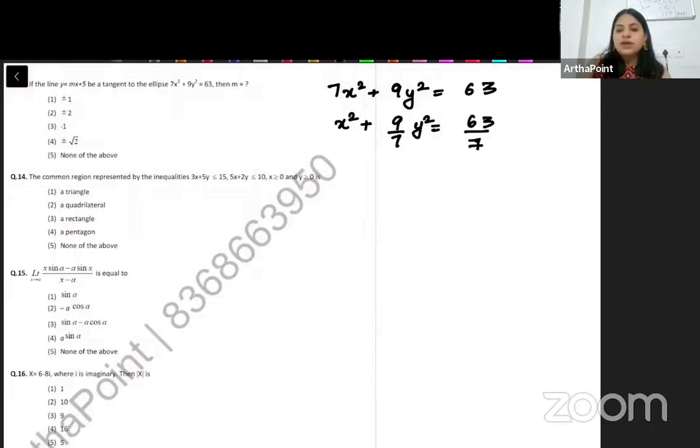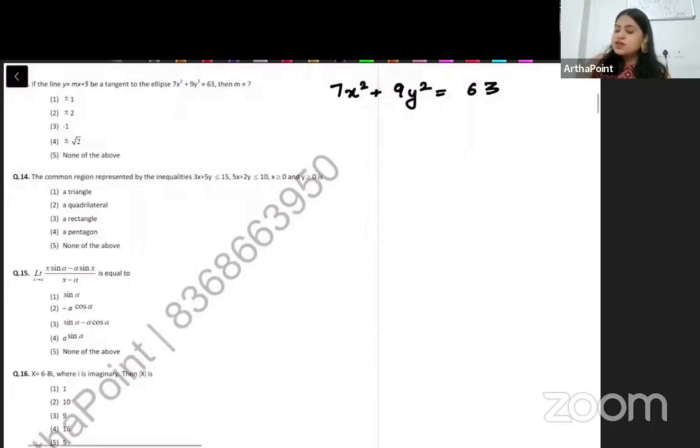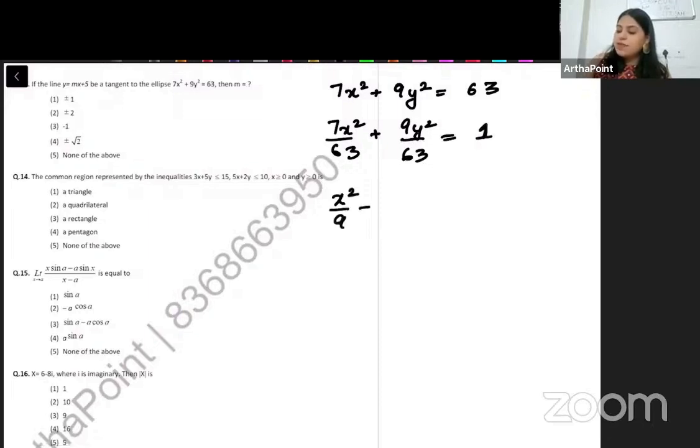Or do it like this. What you can do, to make it even easier, is just divide throughout by 63. So you will have 7x square by 63 plus 9y square by 63 is equal to 1. So you will get x square by 9 plus y square by 7 is equal to 1.